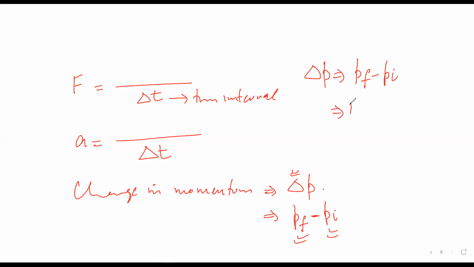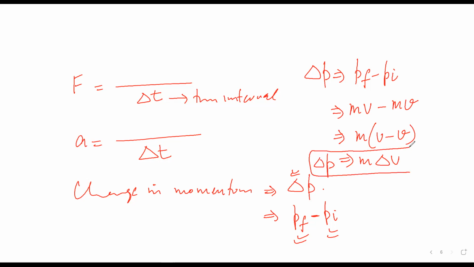The final momentum would be mass into final velocity, and the initial momentum would be mass into initial velocity. m is common, so I can write this as m times v minus u, and v minus u can be written as delta v. Chris, are we clear till here?